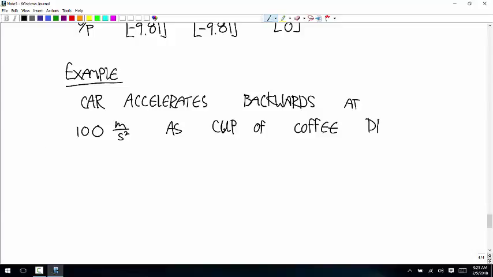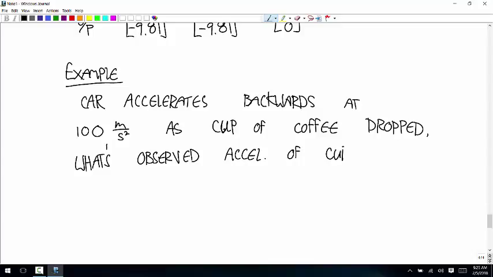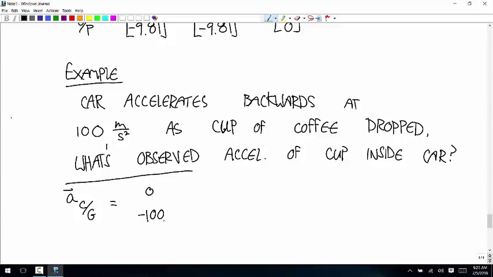So this cup of coffee is dropped. The observed acceleration of the coffee cup inside the car. Well, we know that the acceleration of the car relative to the ground is 0, negative 100.